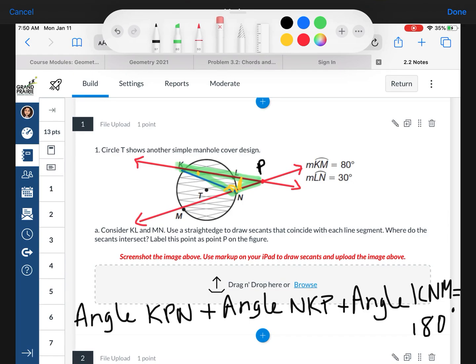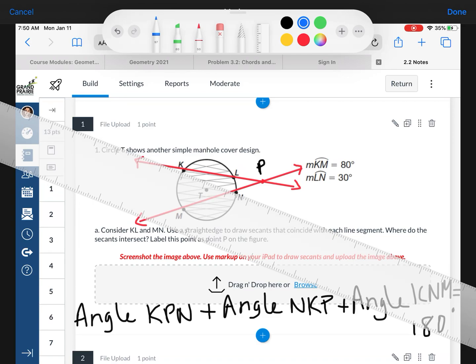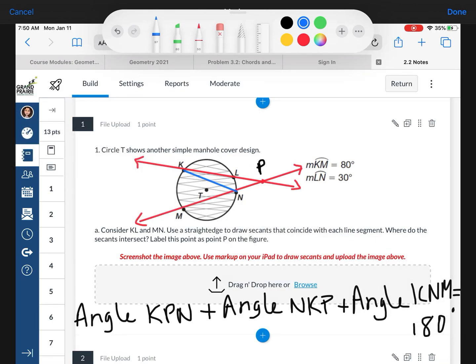Let me erase some of this green, and let's redraw that blue line. Okay, so we know that the measure of this inscribed angle is 40 degrees, right? That looks like 46. So this is 40 degrees.